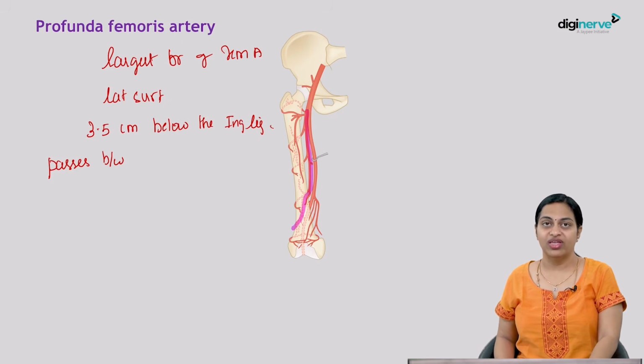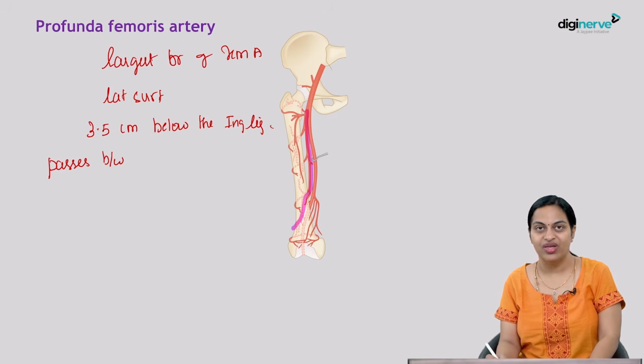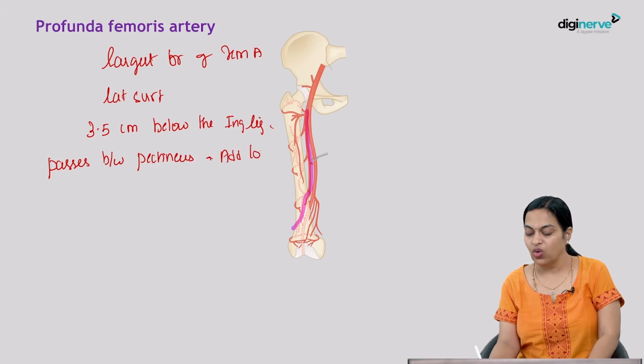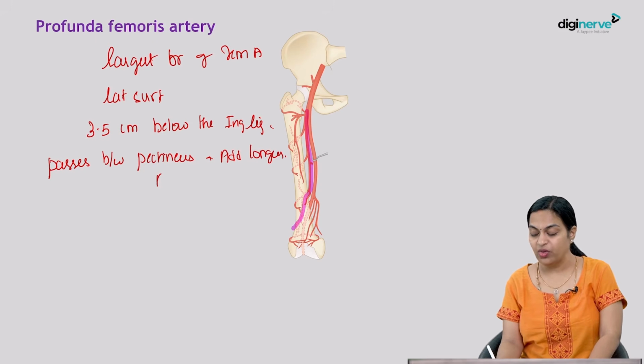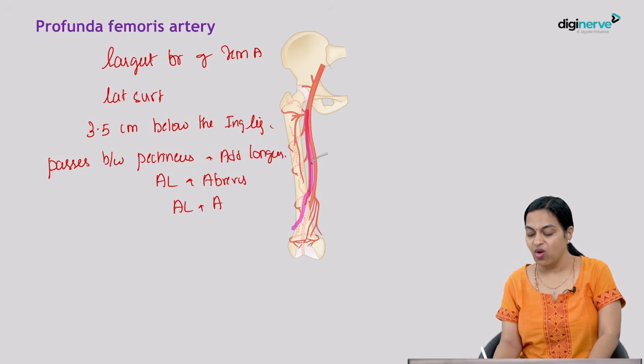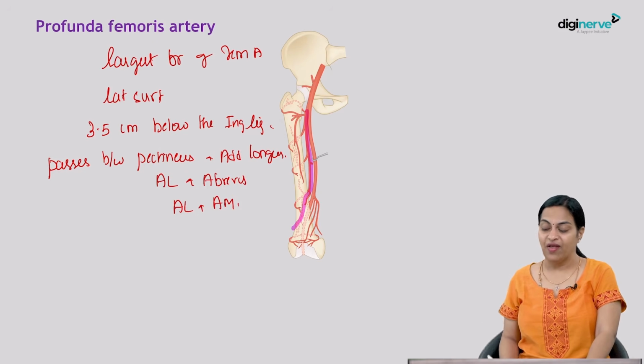In the floor of the femoral triangle, we can see that this profunda femoris artery passes between which two muscles? Between pectineus and adductor longus. Further course, we can see it passing between adductor longus and adductor brevis, and then further between adductor longus and adductor magnus.